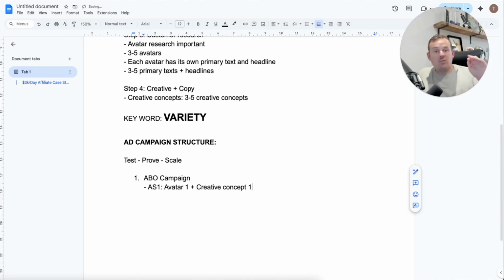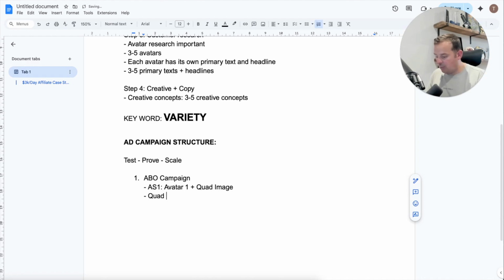Now, you don't have to do this, you could have one ad per ad set. For me, I like to have a variety. So let's say creative concept 1, just to save me having to type all of this out, is quad image, right? Quad image.